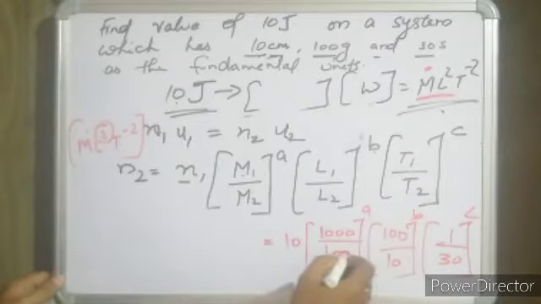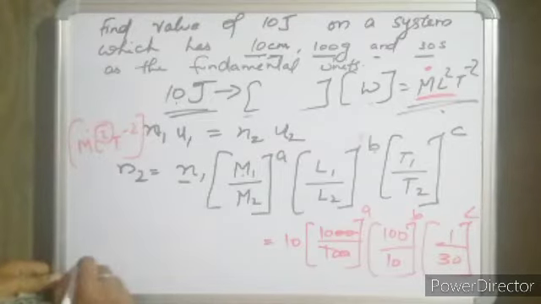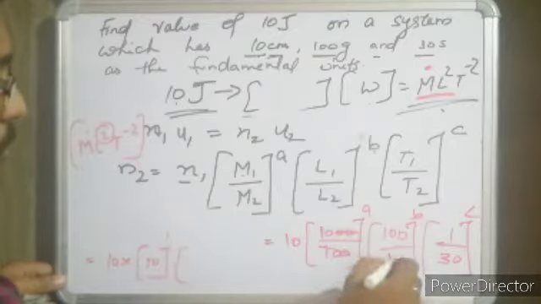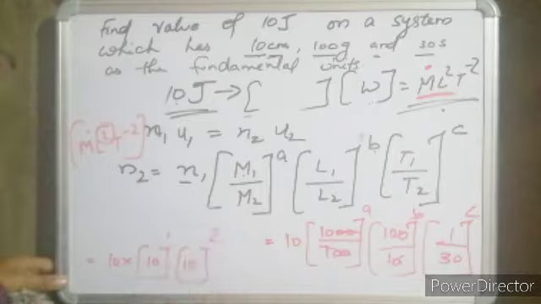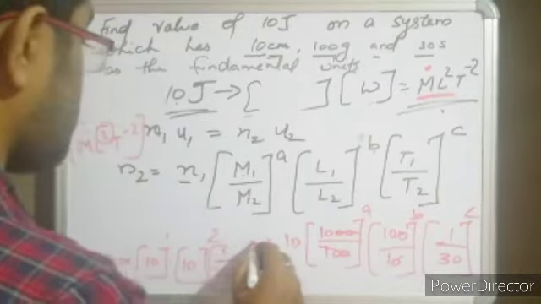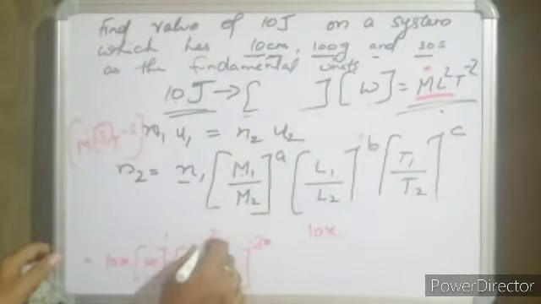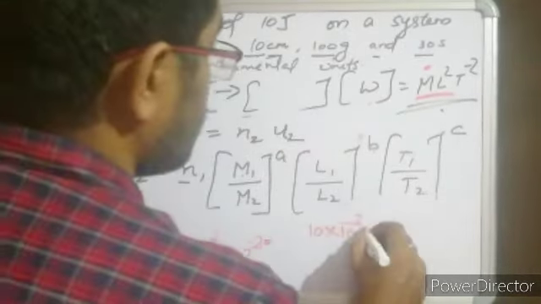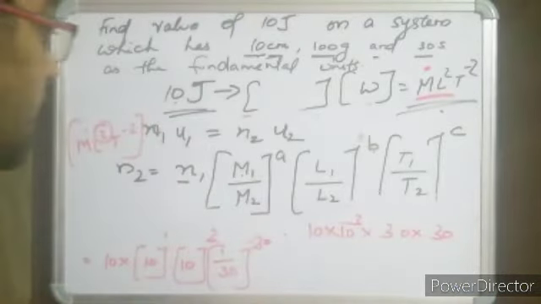So you will get it as 10 into 10 to the power 1 into, again 100, 10 to the power 2, into 1 by 30 the whole power minus 2, equal to 10 into 10 square, 10 into 10 to the power 3 into 1 by 30 the whole raised to minus 2.